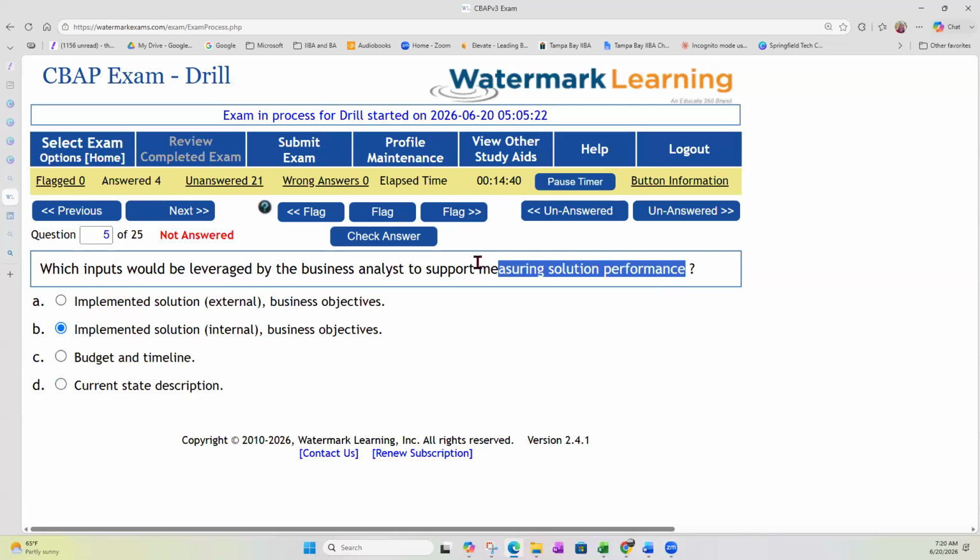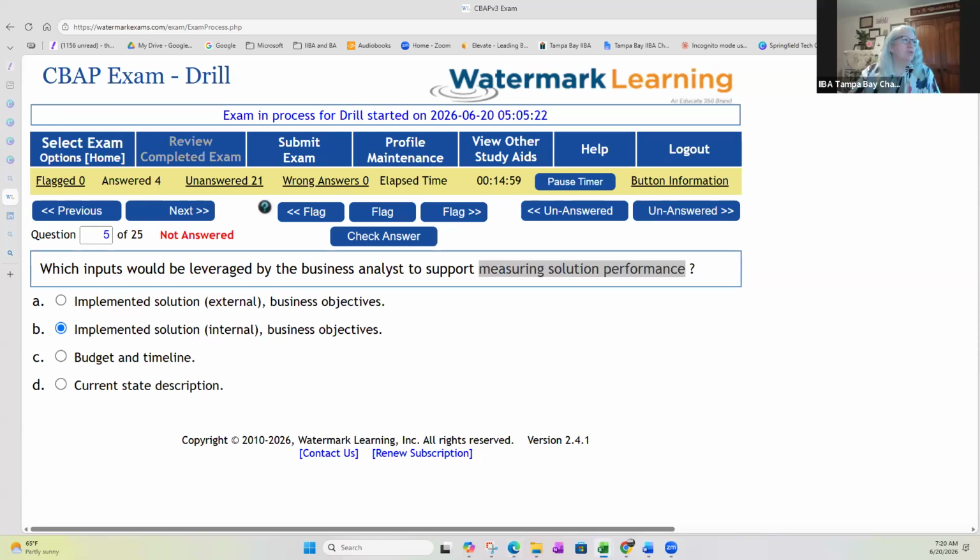It could be the current state description or implemented solution. So let me read you the purpose of measure solution performance. We want to define performance measures and use data collected to evaluate the effectiveness of a solution in relation to the value it brings.